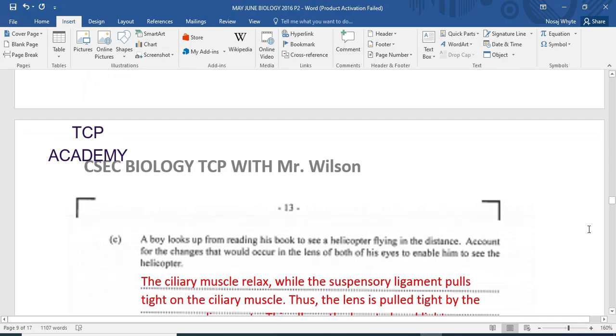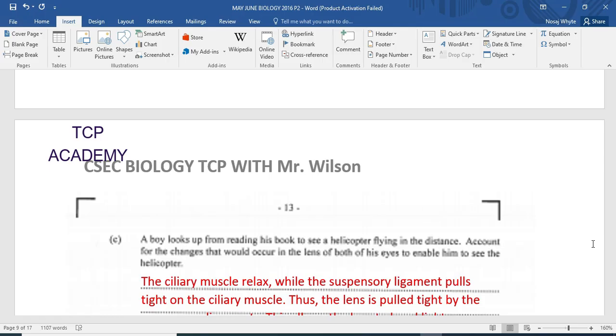We're looking at this: a boy looks up from his book to see a helicopter flying in the distance. Account for the changes that would occur in the lens of both of his eyes to enable him to see the helicopter. Here we are called upon to look at the ciliary muscle and the suspensory ligament.